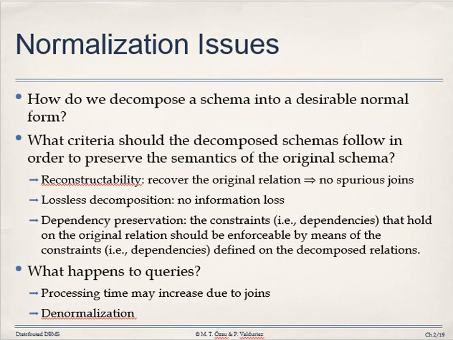So when we normalize our table, what about the query? Processing time may increase due to the join. Why do we need a join? Because whenever we would like to get data from various tables, suppose I want to get the data from table number 1 and from table number 2, in that case I need to join these two tables.